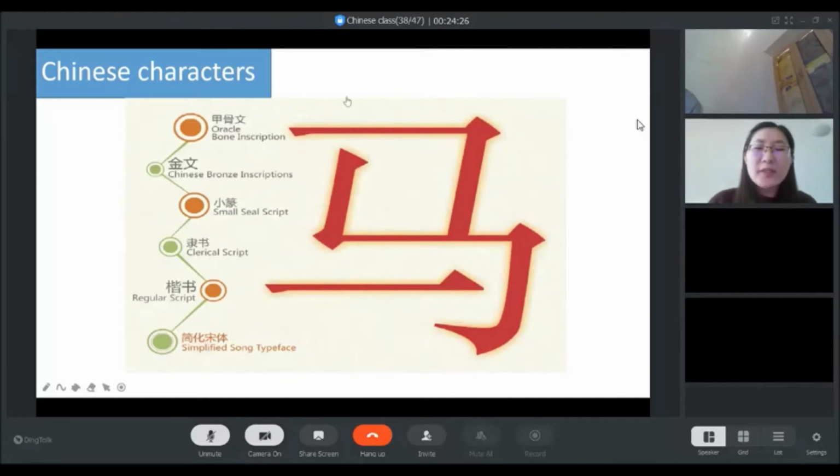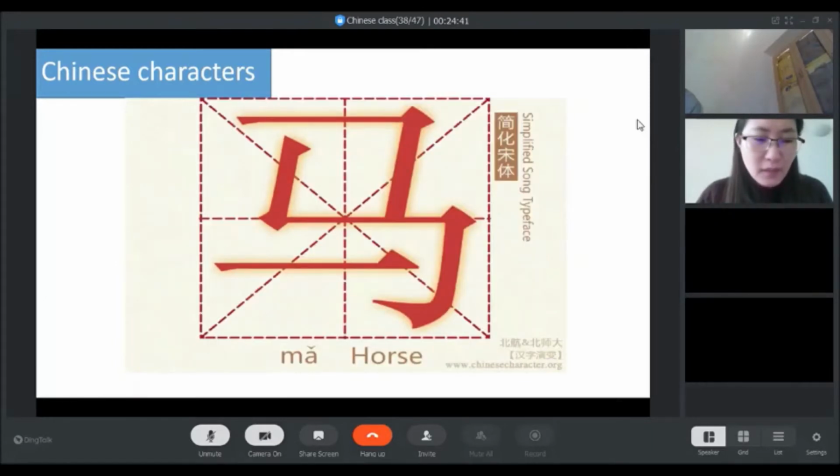So you can see this is the change process of the word 马. In a very ancient time, we used the words like pictures.